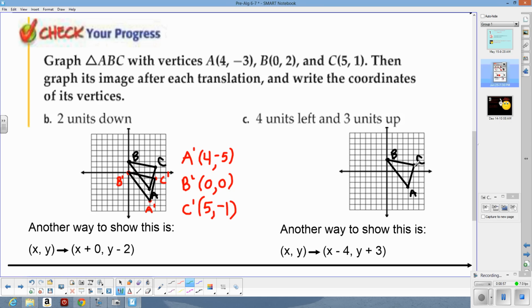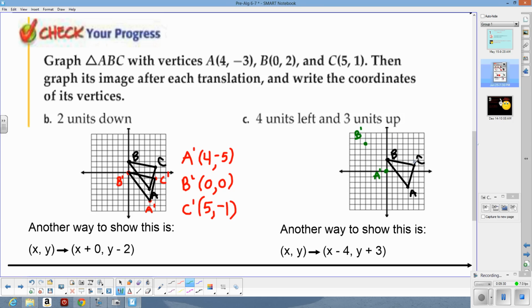Now if we take that same original triangle and we move it 4 units left and 3 units up, we're going to go 4 units to the left and 3 units up. So A prime is going to end up right there. We're going to take B and move it 4 units to the left and 3 units up. Label it B prime.